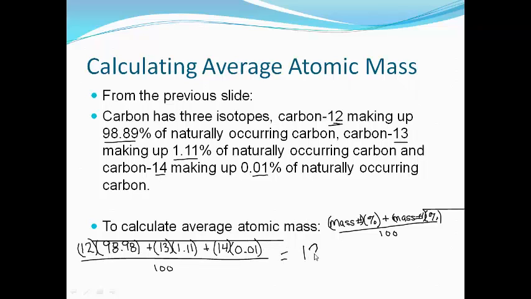If I plug it into my calculator correctly, I get 12.02. And on these, we're just going to do 2 places after the decimal. The units are going to be AMU, atomic mass units.